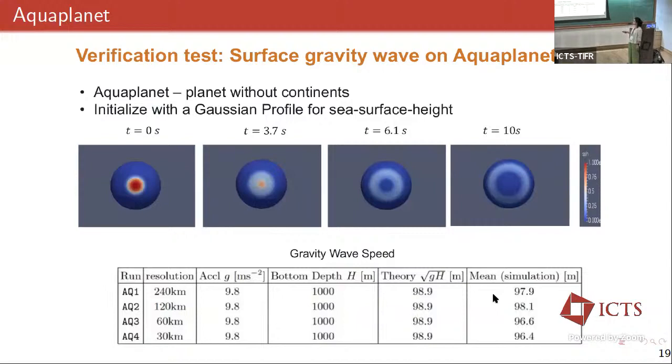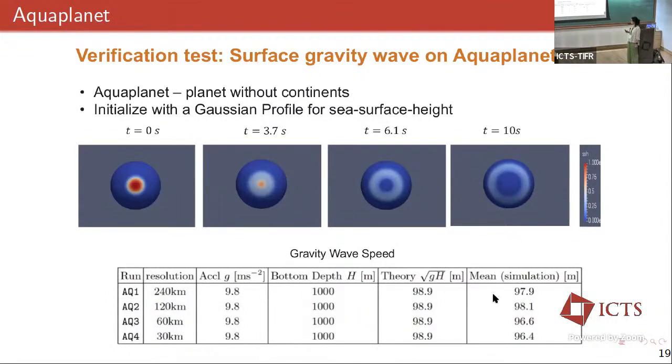So theoretically, we took an ocean which is 1,000 meters deep, and we had various resolutions. First, we simulated an ocean with uniform resolution throughout the globe, where each cell is 240 kilometers, right down to 30 kilometers. Our highest resolution is 30 kilometers across the globe. Theoretically, the speed should be 98.9 meters per second, but in simulations, we had some discrepancy.